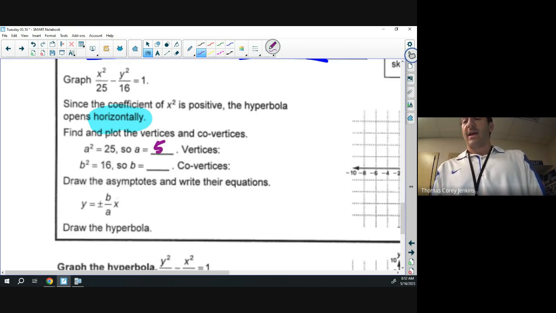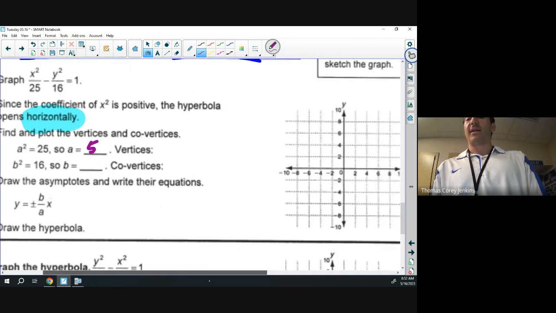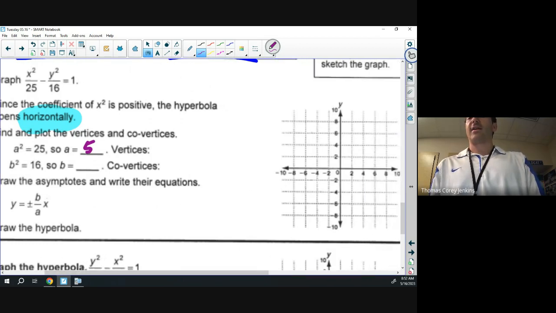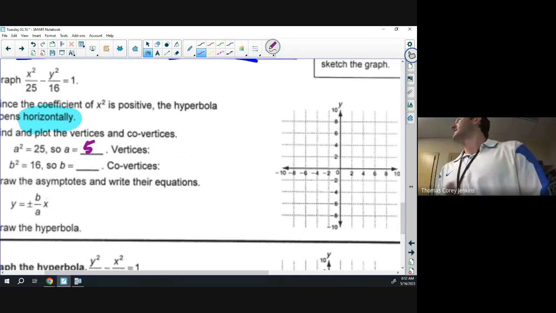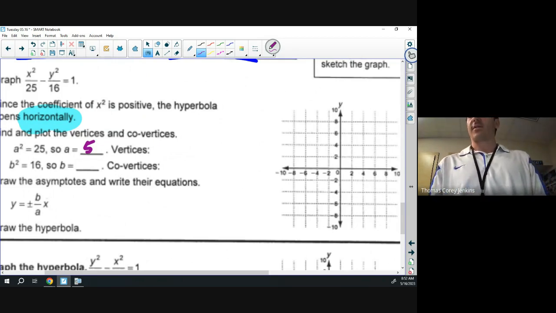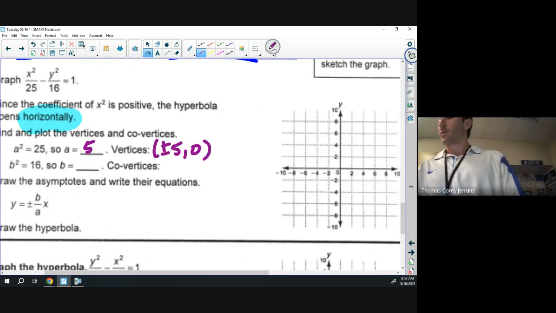And again, it's got a horizontal opening, so I know the vertices then are either going to be 5, 0 or 0, 5. If it opens horizontally, that's an x coordinate, so plus or minus 5, 0. We'll go ahead and put those on the graph too. So 5, 0 and negative 5, 0.